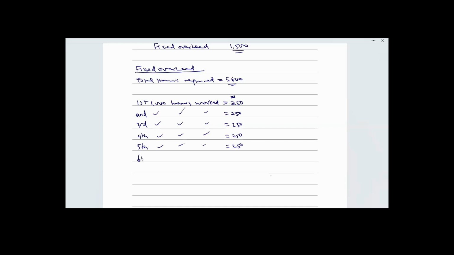Therefore, the last one, the sixth, the balance of 800 hours worked, the company will also incur 250. When you add up, that's 1,500. That represents the total incremental fixed overhead.